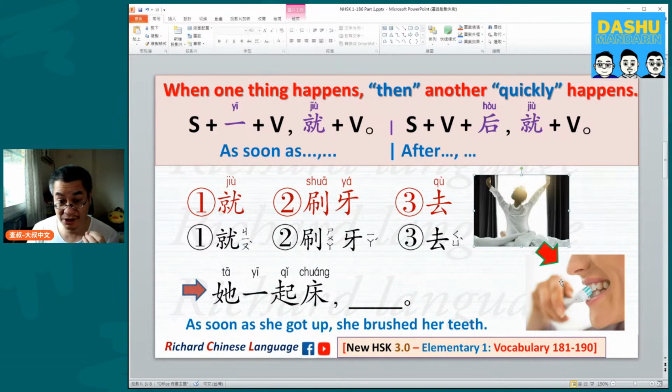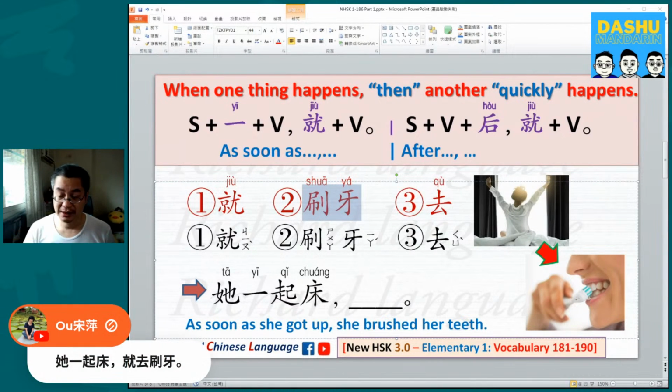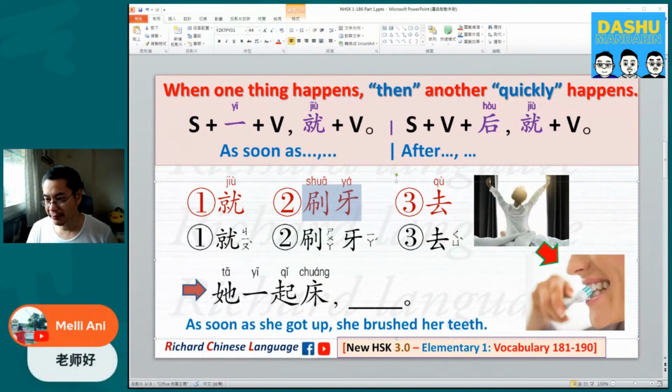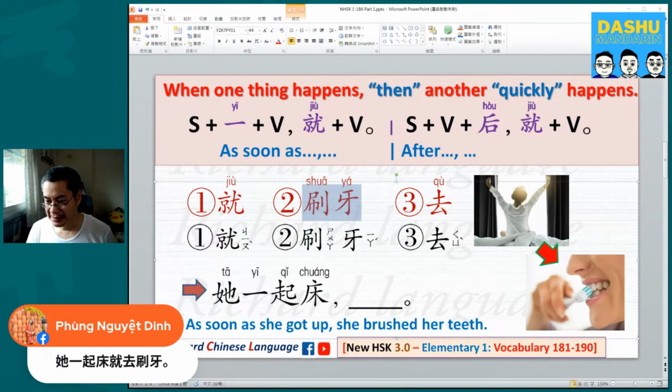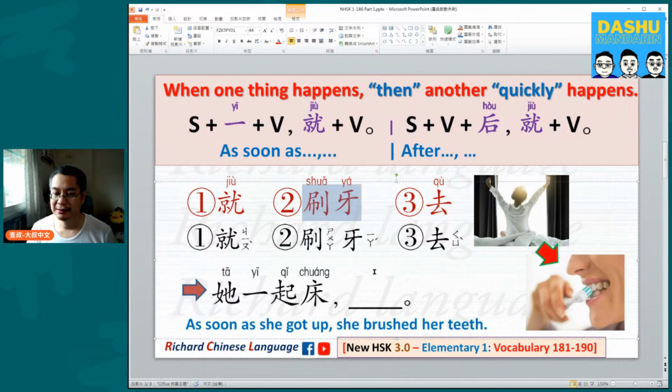That's the use of 就, like quickly, fast, another thing happens. 他一起床就去刷牙. It's not that difficult, right? So remember this rule, and what you can do is feel it: one thing happens and then the other happens right away.